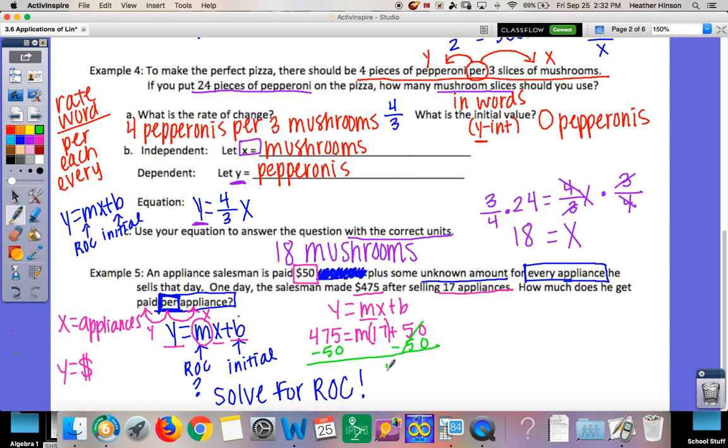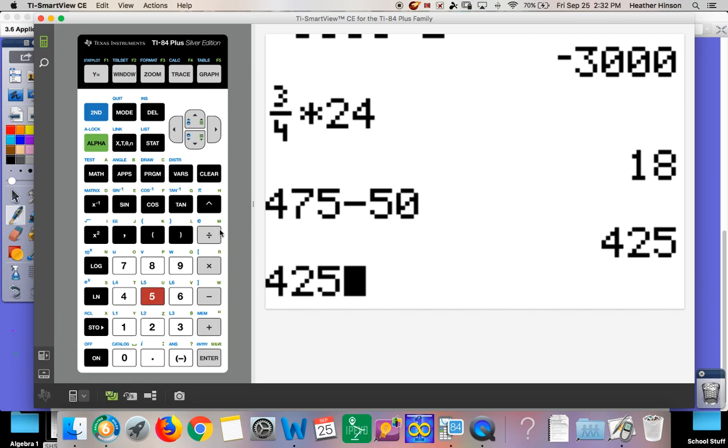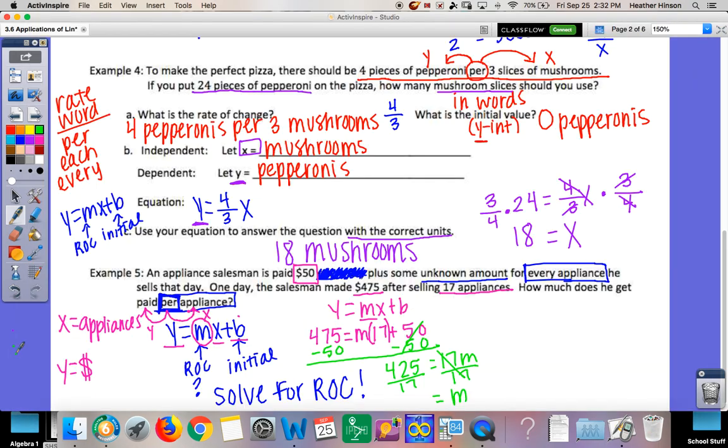I'm going to have to scoot over a little. And we got that 17m to deal with. 17 times m, what's the opposite of times? Well, we divide. So m equals 425 divided by 17, and we're going to get 25. So m is 25.